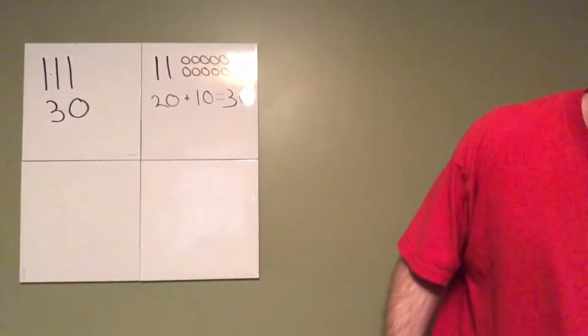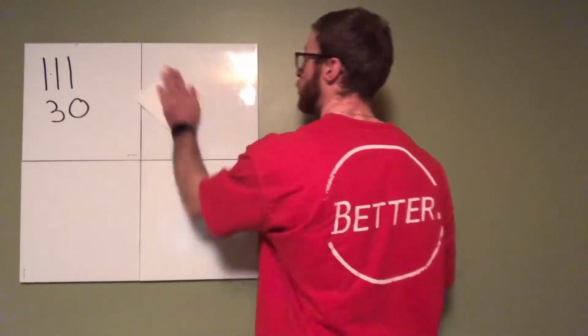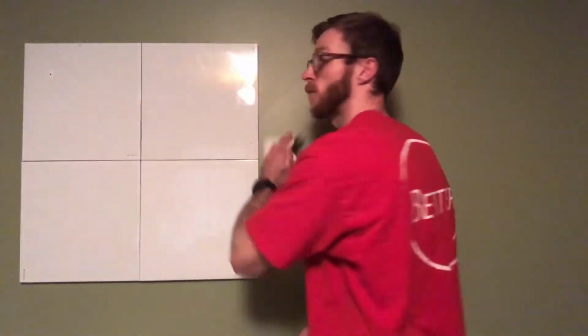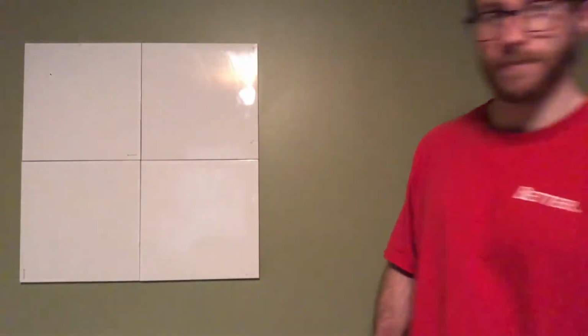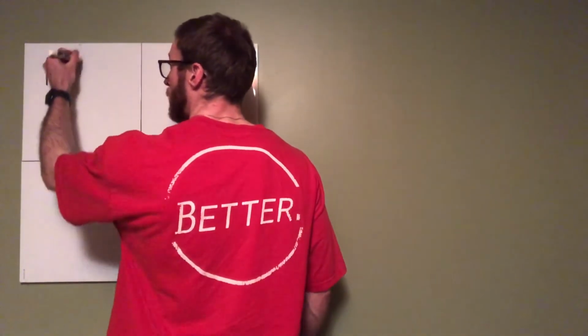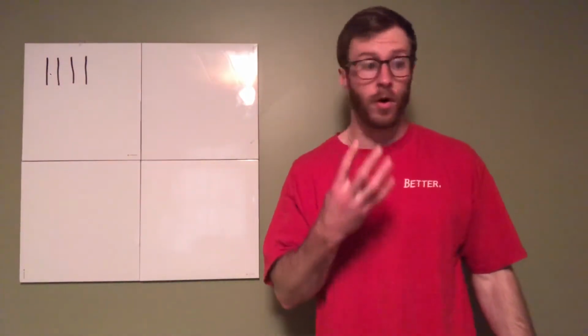Now, let me erase my board and get some space up here for us. I'm going to draw another picture, and I want you to think about what that represents, or how many it represents, okay? 1, 2, 3, 4 10 sticks. All right, so I have 4 10s up there.